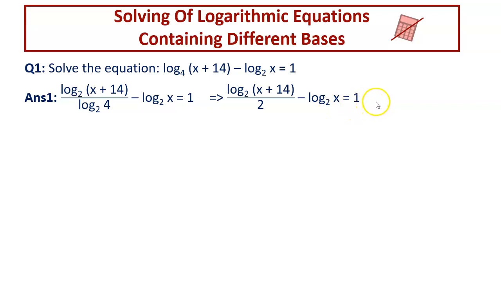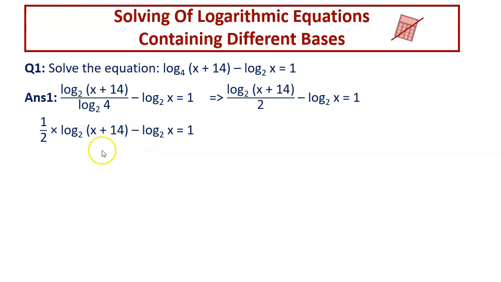That will be a perfectly valid method, but over here what I have done is I have written this 2 as half and made it the coefficient. So it is half times log of x plus 14 to the base 2. Actually, you have multiple ways. For very trivial equations, there is a single method. But as you move to slightly difficult questions, you may be having multiple ways of coming to the solution.